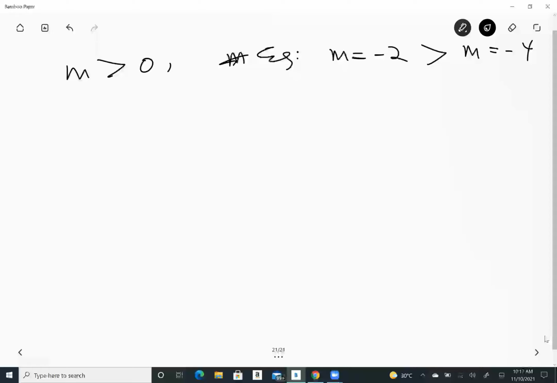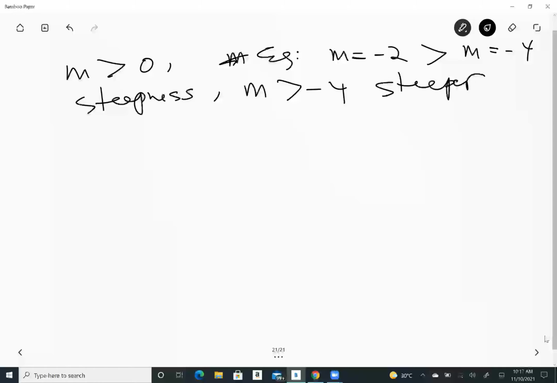But in terms of steepness, the function with m equal to -4 is steeper than m equal to -2.